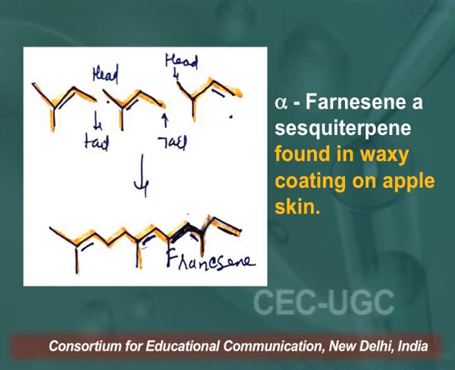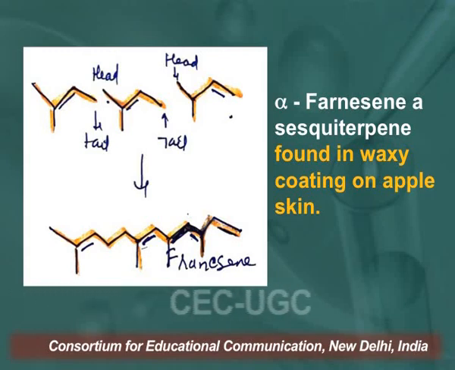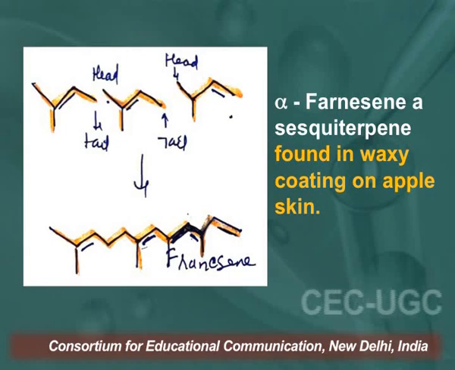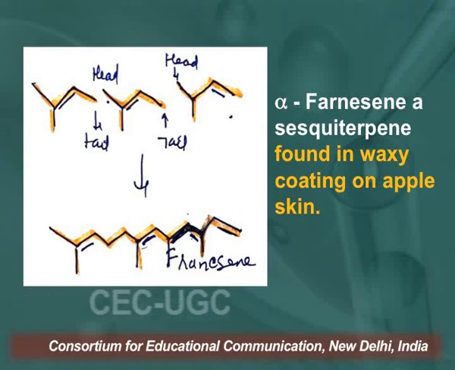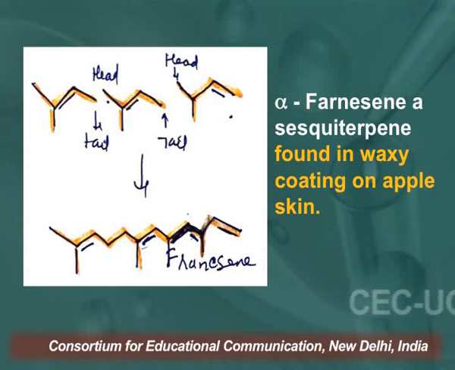So here you can see on your screen, this is alpha farnesene. Alpha farnesene is a sesquiterpene, and here the isoprene units are joined through head to tail fashion to form alpha farnesene.